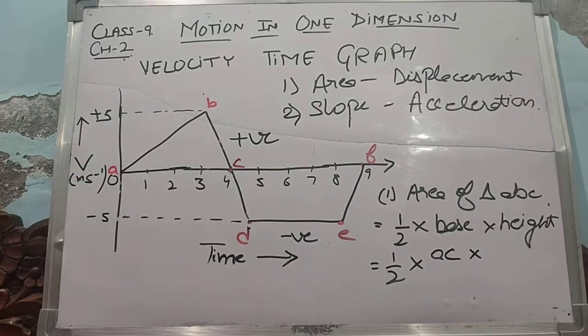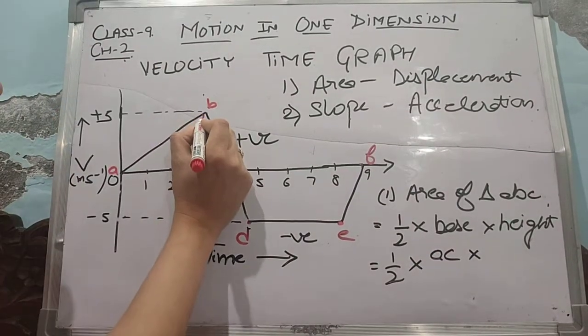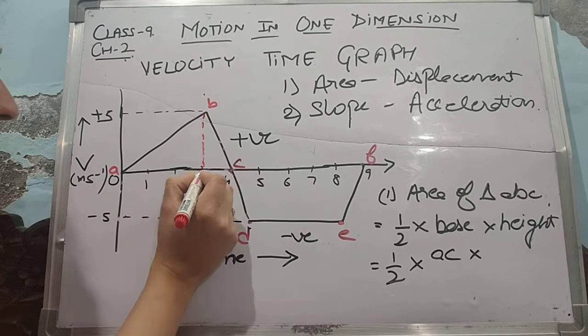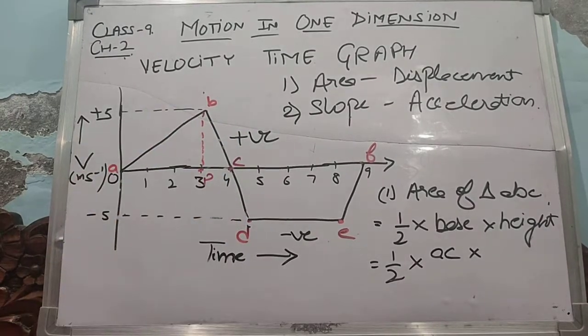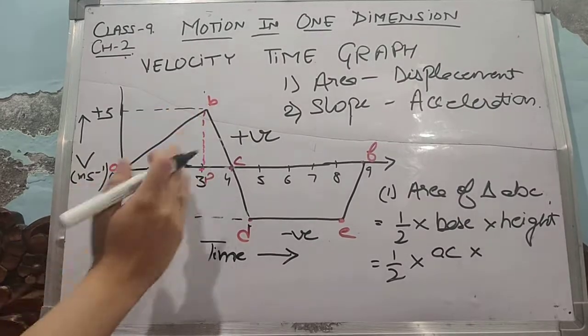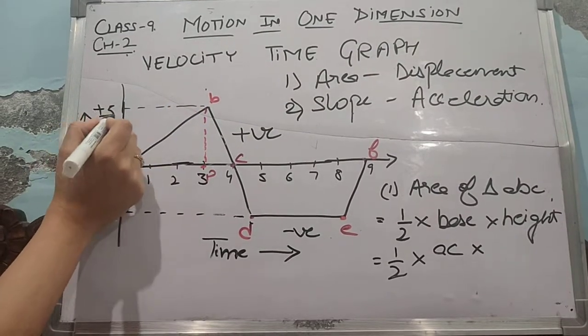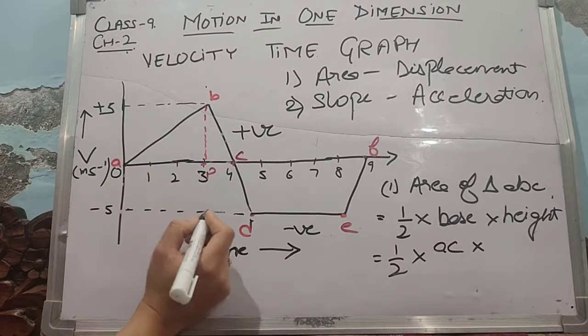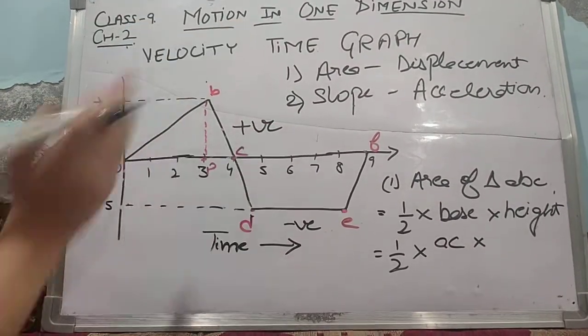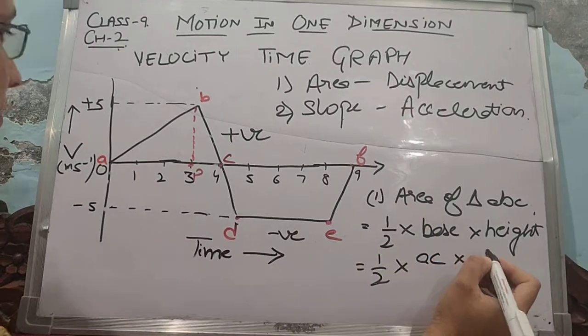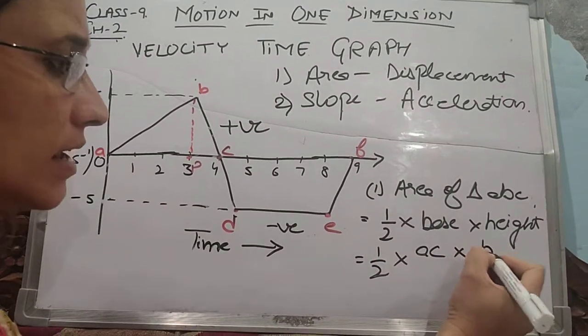What about height? If I join this point at point P, let it be, so BP becomes a height. So what is the height? You can see here it is plus 5, and below time axis it is minus 5. So I'll take height above the time axis. So height will be your BP.